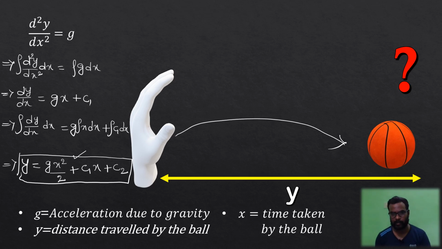Whatever the time taken by the object, at any time you can calculate, so you can take the x value as any number of seconds or minutes. At a particular time you can find the distance traveled by the ball. In this way you can find the distance traveled using a differential equation. This is one of the best examples I can give for application of differential equation in real life.